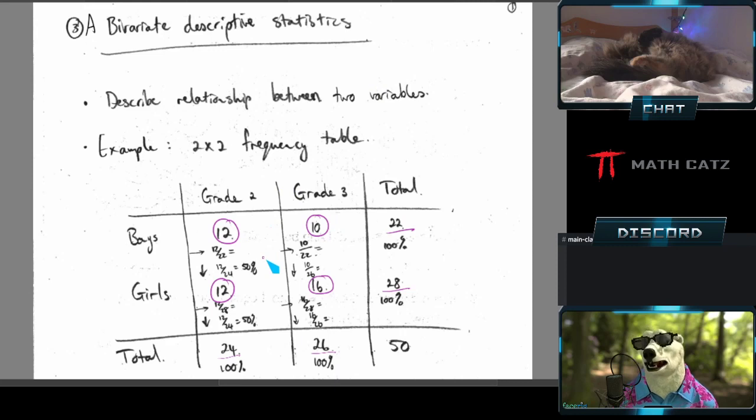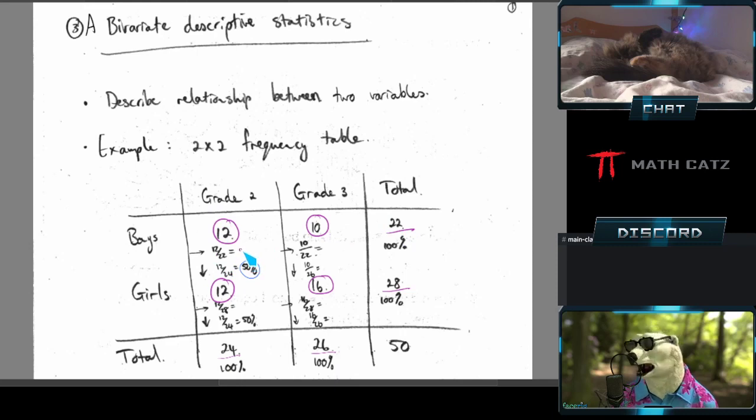So for example, looking at the grade 2 column, 12 out of 24 were boys. So 50% were boys, and therefore, of course, in grade 2, 50% were girls. But I can also look at the boys row and say out of the total 22 boys, 12 were in grade 2.